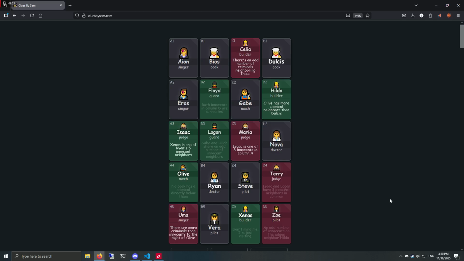That could be a good test case. There are more criminals than innocents to the right of Olive, which means 2 or 3. I think all of those possible cases is what's going to give us the answer.